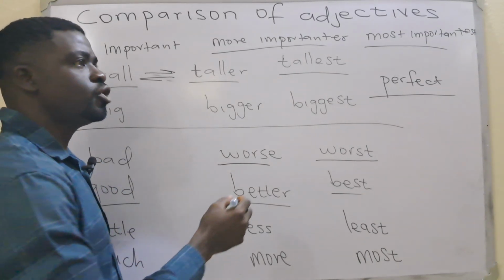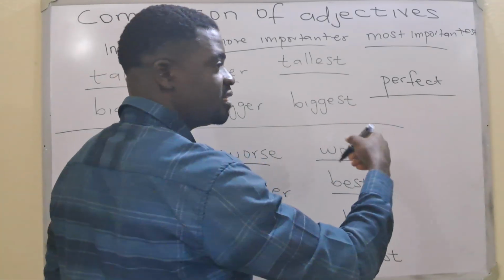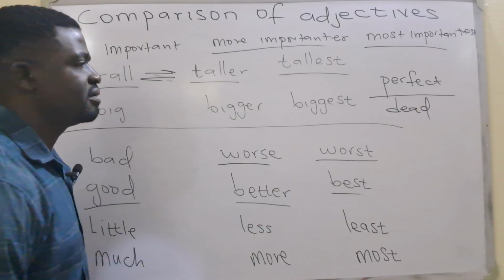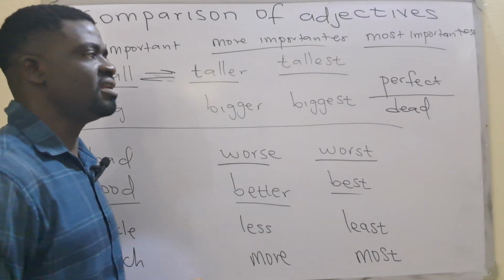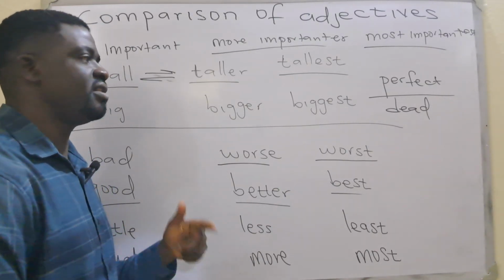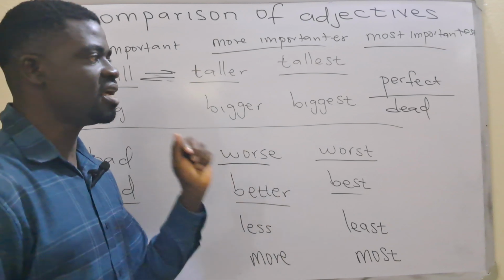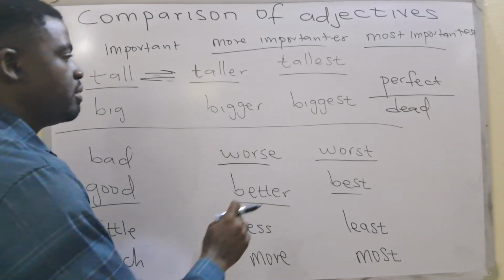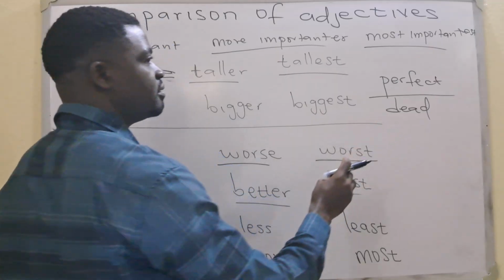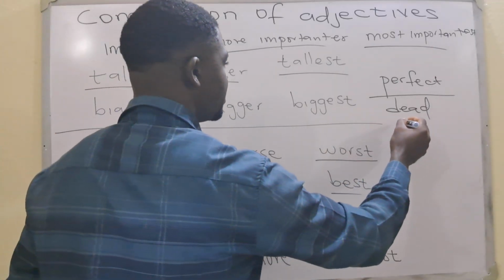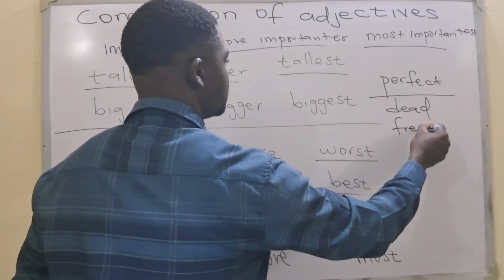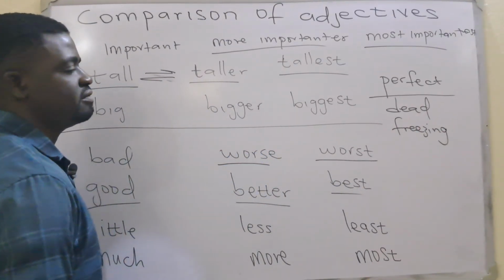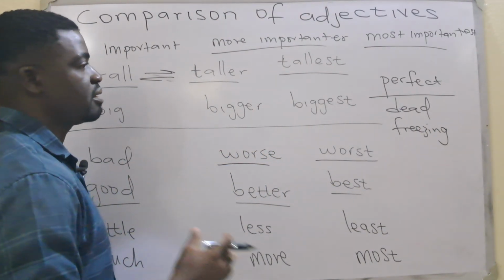There are other words like excellent or dead. If something is dead, it's dead. It cannot be deader or deadest. So dead as an adjective is absolute. You cannot compare it. You also have other words, say freezing. Freezing as an adjective, you cannot grade it.